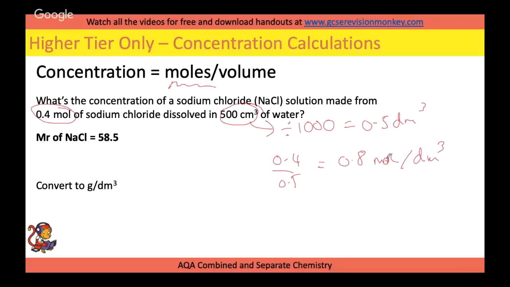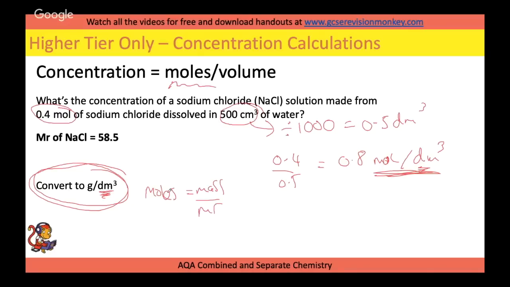Now, if you have moles per decimetre cubed, but you need your answer in grams per decimetre cubed, the decimetre cubed bit is staying the same. So you need to think how you convert moles to grams. So then you use the equation moles equals mass over Mr. If we want to get from moles to mass, we would need to multiply by the relative formula mass.